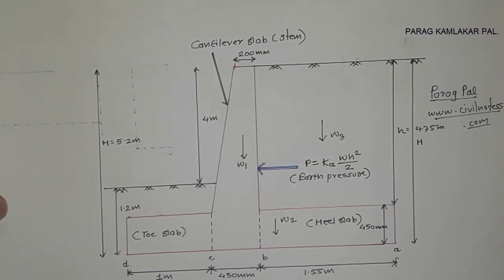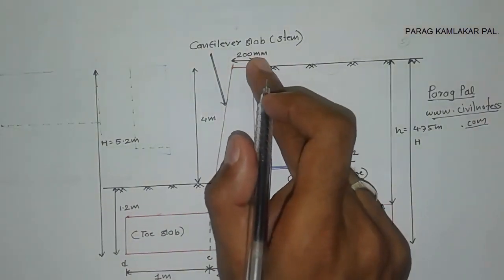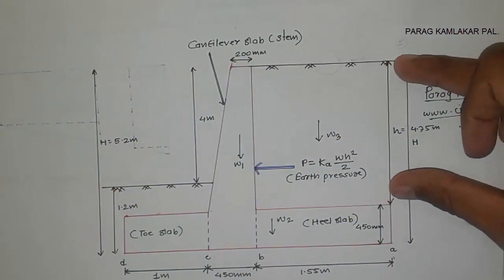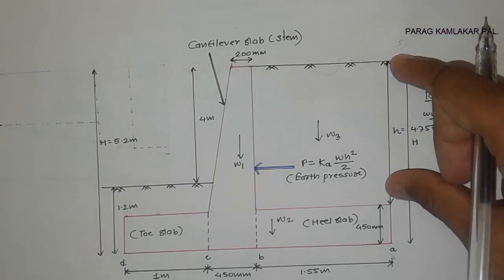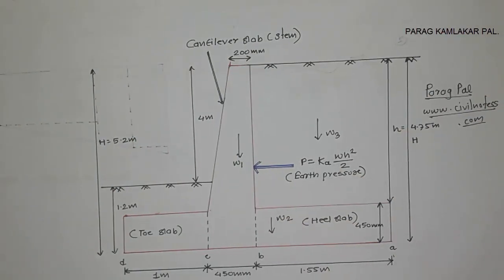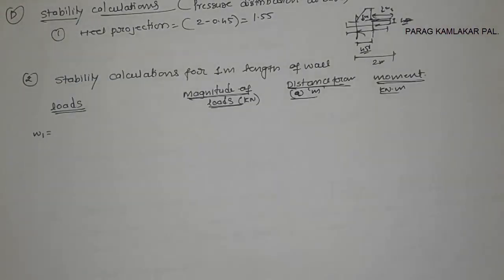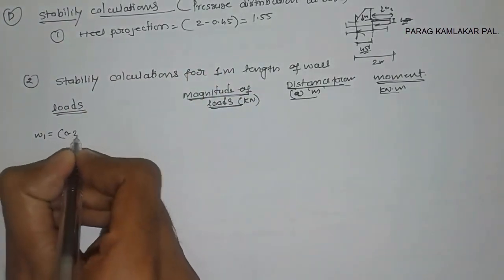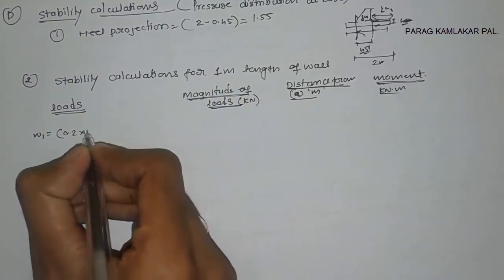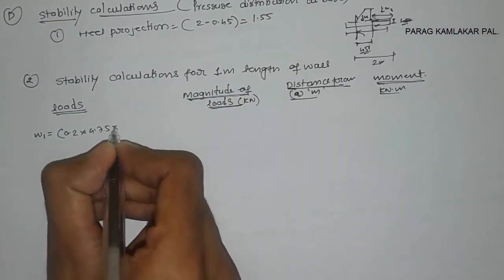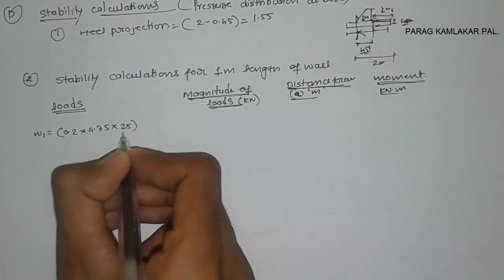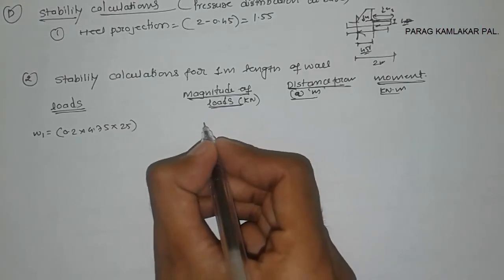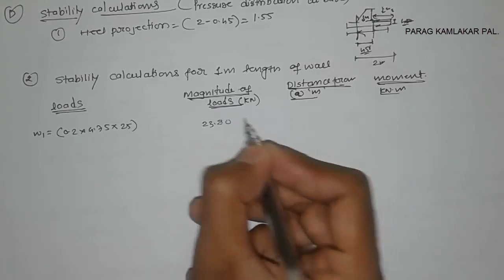So W1 is 0.2 meter multiplied by the total height, 4.75, multiplied by the density 25. So W1 is 0.2 multiplied by 4.75 multiplied by 25. For W1 the magnitude is 23.80.